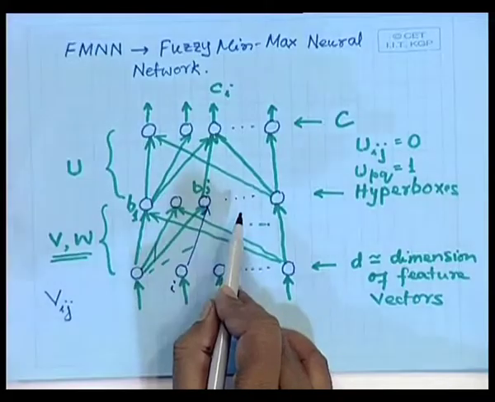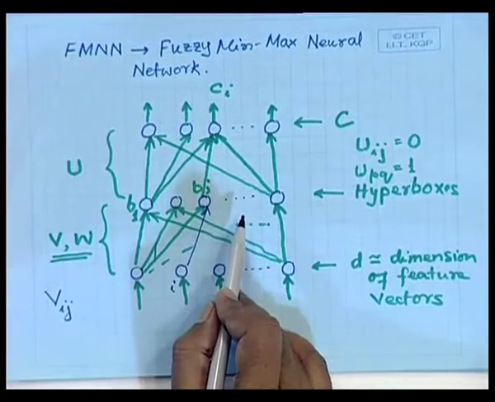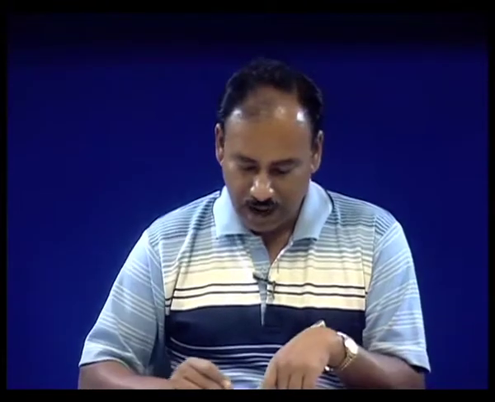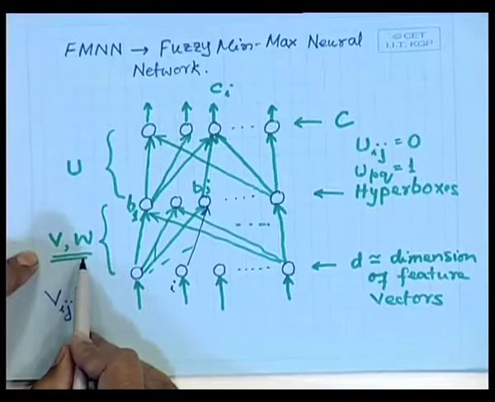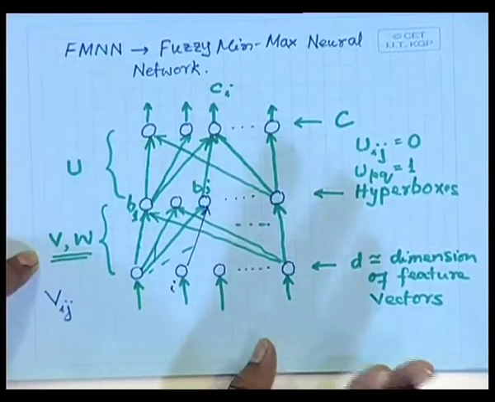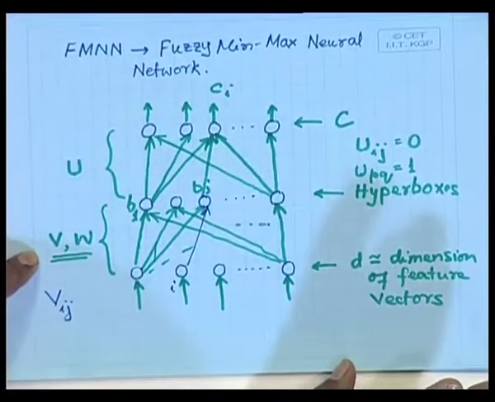Expansion of the hyperbox means I have to modify the min point and the max point. So, I do not have to create any new hyperbox. What I have to do is change the min point and max point of an existing hyperbox. That means I have to change the values in the V matrix and W matrix. That is the only thing I have to do. I do not have to do anything else.